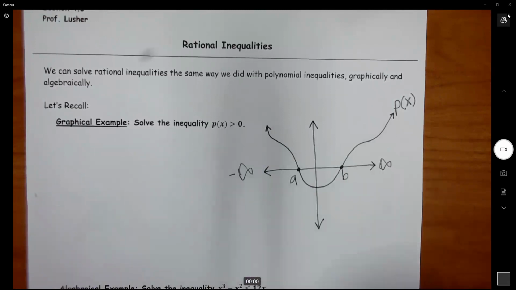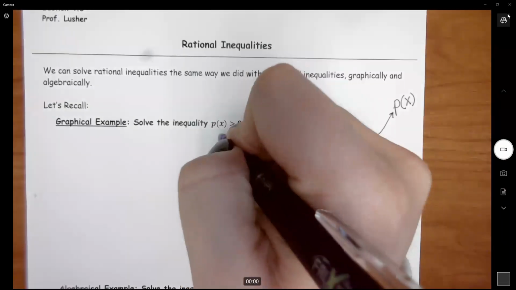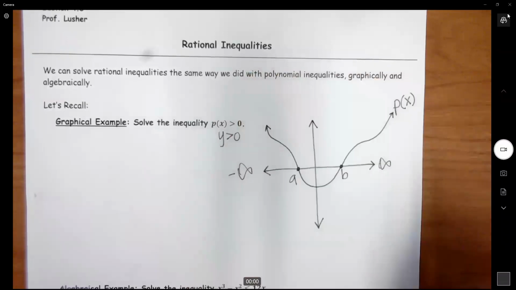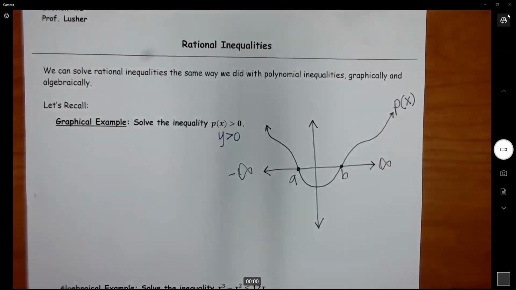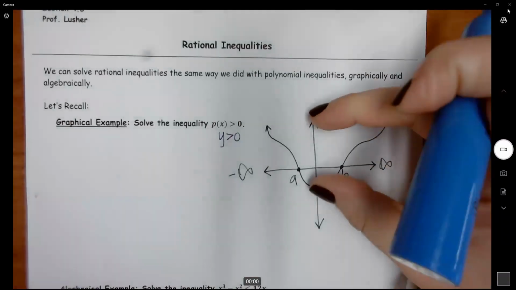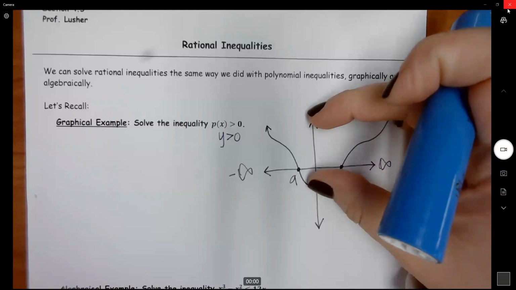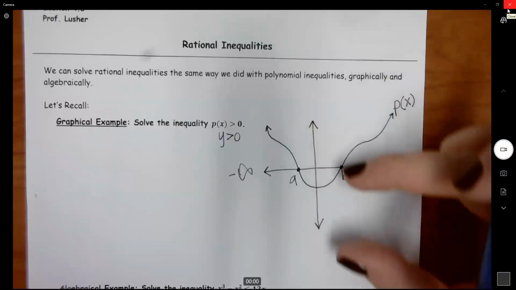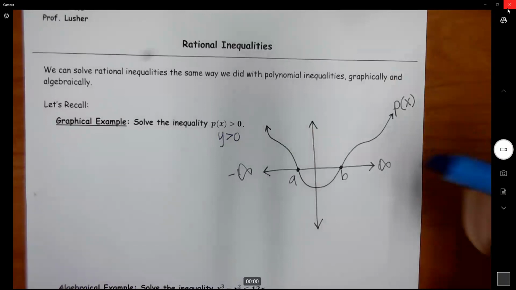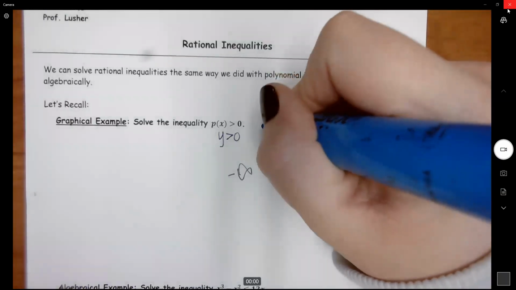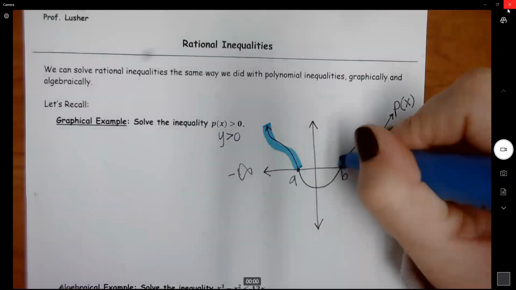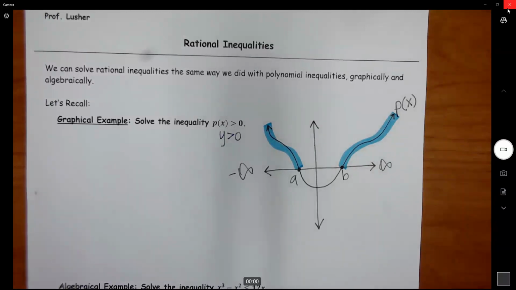Well, this is function notation, and that's simply another way to say when y is greater than 0. I can see that this is where my y is greater than 0. That's where it's positive. It's negative down here. So I'm looking at everything that is on top of my x-axis.